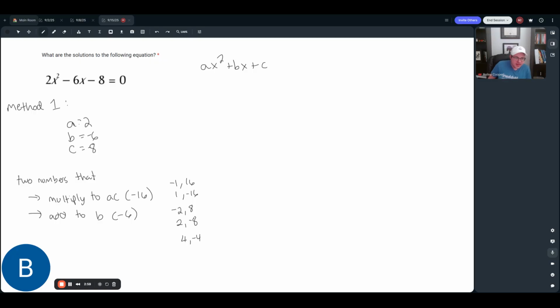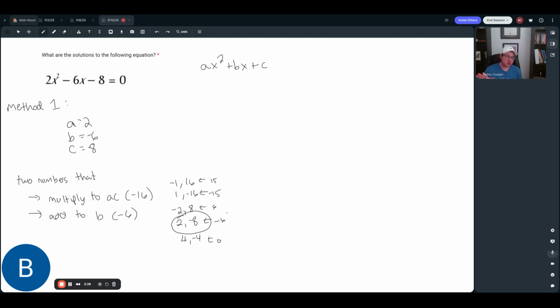Okay, so now we have to see which of those pairs fulfill the second condition. They add to -6. This first one adds to 15, -15, +6, -6. Hey, we found it. And just to check, this one adds to 0. So 2 and -8 both multiply to -16 and add to -6.